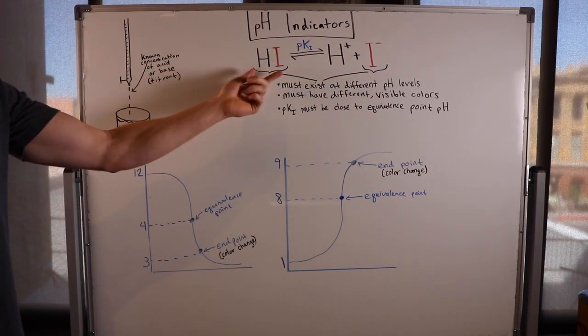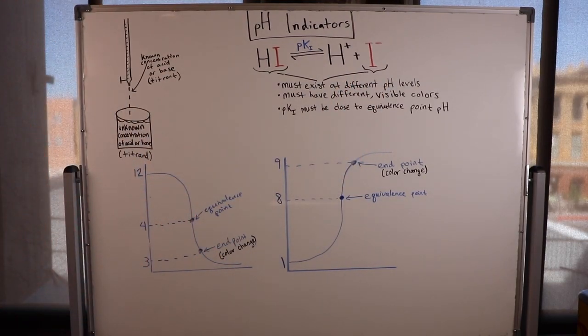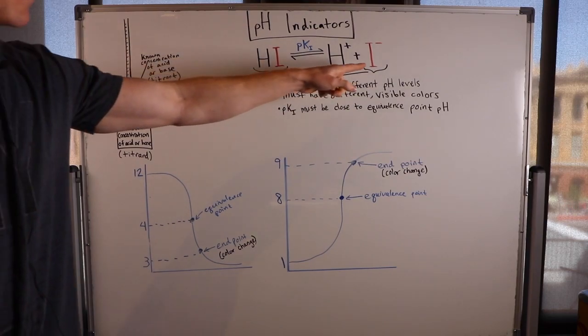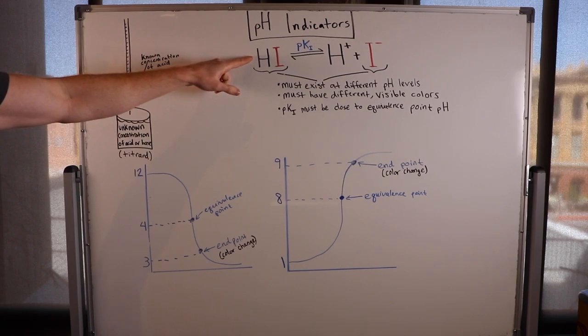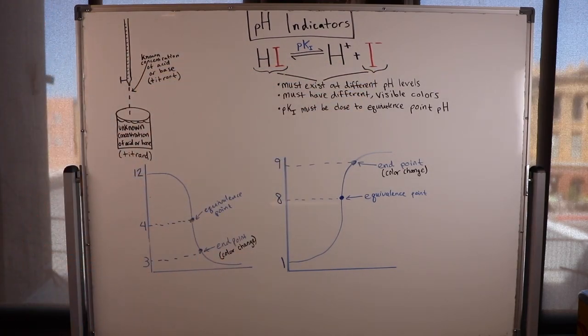And also, these 2 forms must have different and visible colors. So for example, maybe the HI here is red, and then the I- is blue. So we know that if HI is present at a low pH, then it's going to be red. The solution will be red. But if the pH of the solution gets high enough, it will turn blue because the I- will predominate.